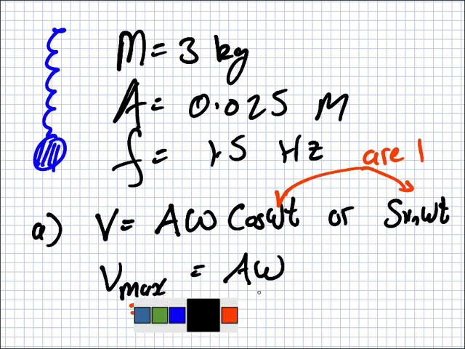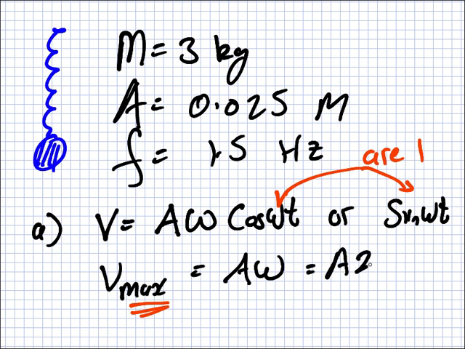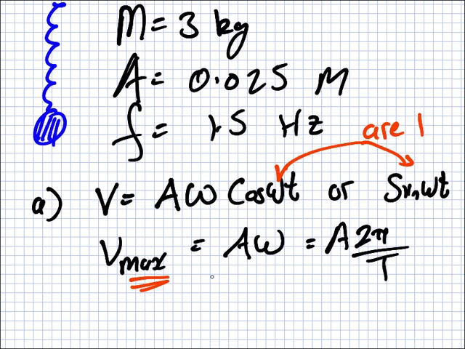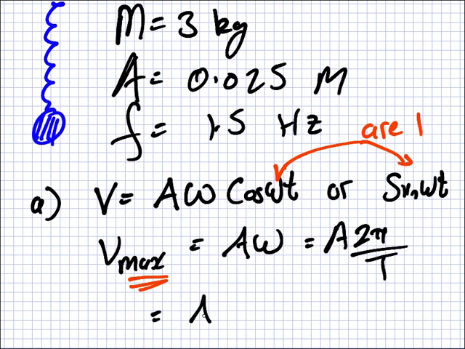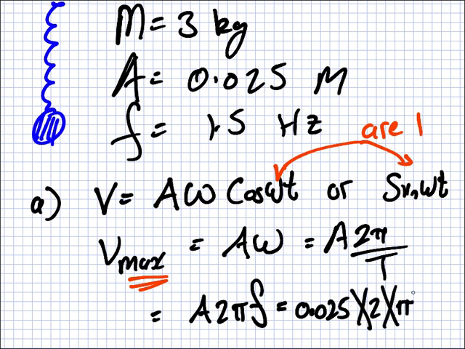We don't know omega, but omega is 2 pi over t. We don't know t, but t is 1 over f. So it's 0.025 times 2 times pi times 1.5.